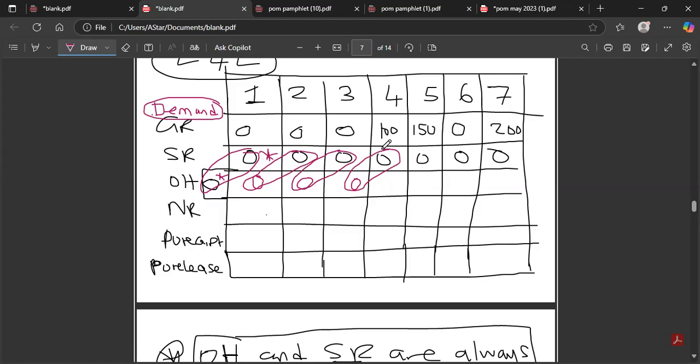It's 100. 0 plus 0 to meet 100. 100 is the demand. Customers are demanding 100 units, and you don't have anything to give them. What are you going to call that one?